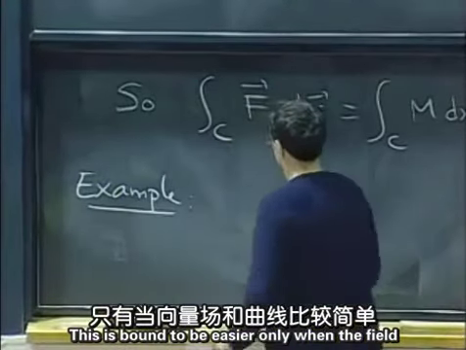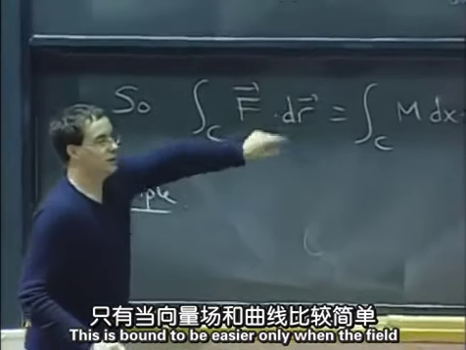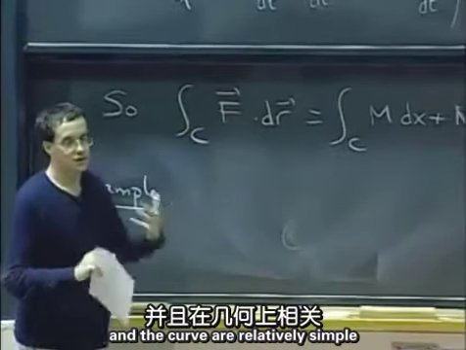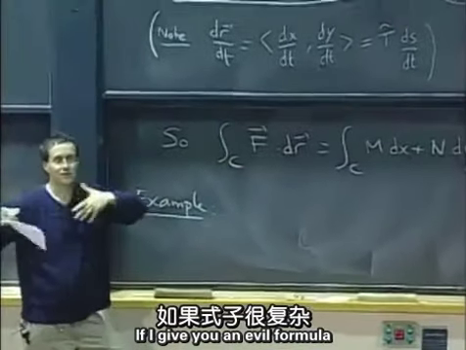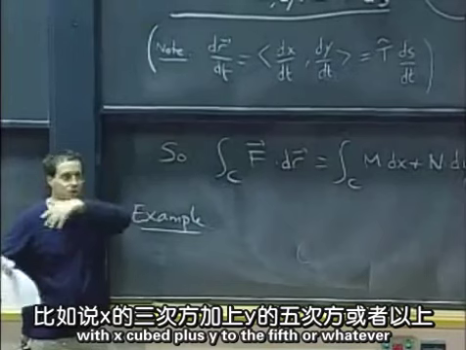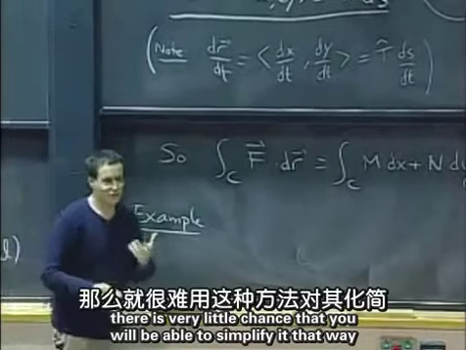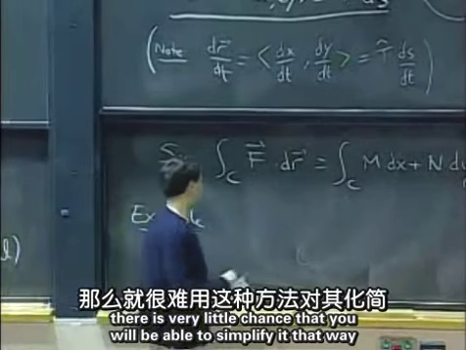Let's say, so this is bound to be easier only when the field and the curve are relatively simple and have a geometric relation to each other. If I give you an evil formula with x cubed plus y to the fifth or whatever, there's very little chance that you will be able to simplify it that way.